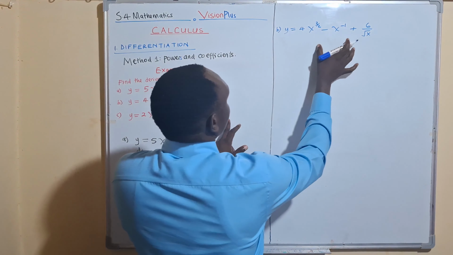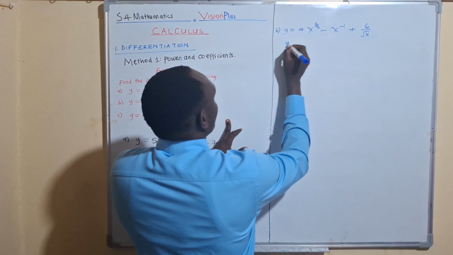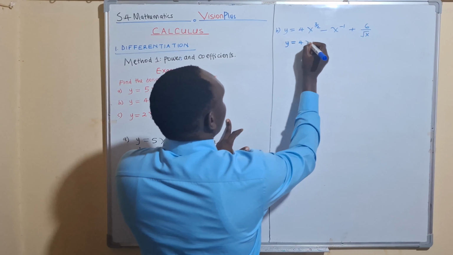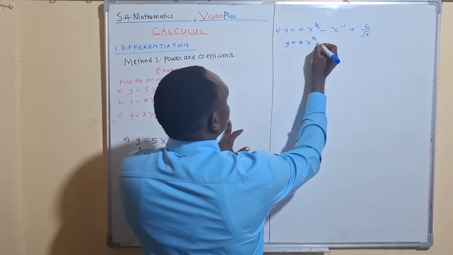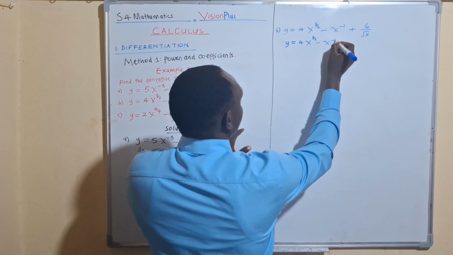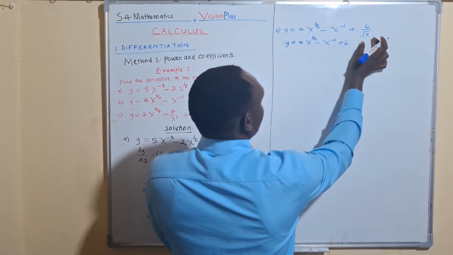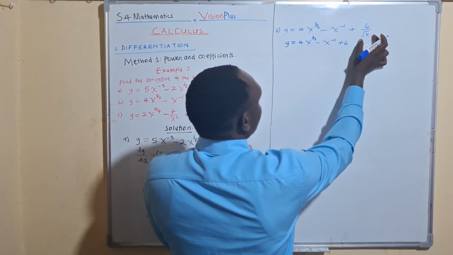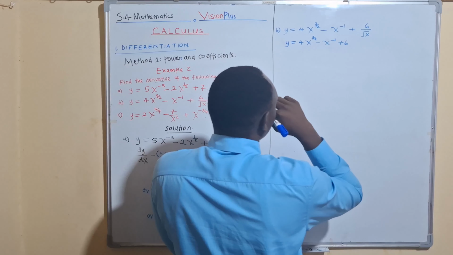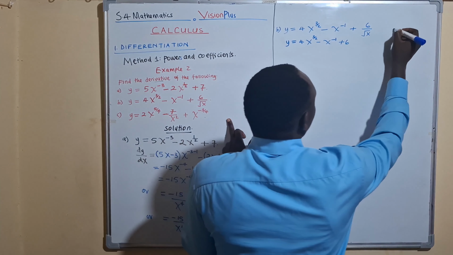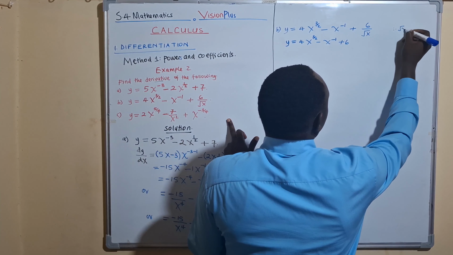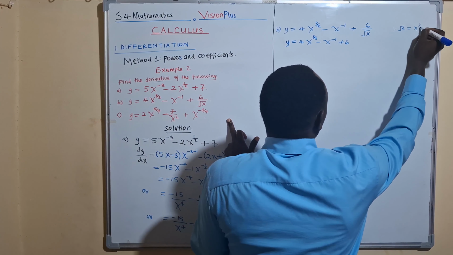So we just need to rearrange our equation so that we have y equals 4x power 3 out of 2 minus x power negative 1. I have not changed anything yet, plus 6. Now I need to take root of x up. Remember, root of x is the same as x power half.